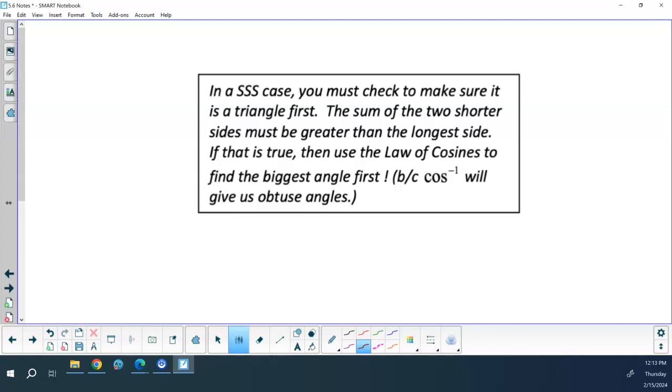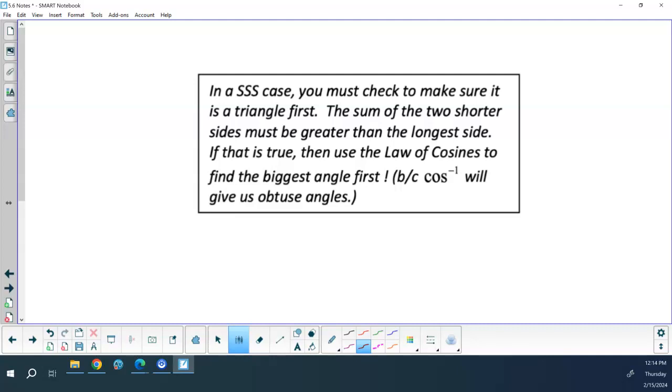Okay? So you look at your 3 sides. For instance, in number 3, the 3 sides were 3, 5, and 6. So I look at the 2 shortest ones, 3 and 5. I add them together, and those 2 have to be longer than the third side. 3 plus 5 is 8. 8 is bigger than 6, so therefore it can be a triangle.